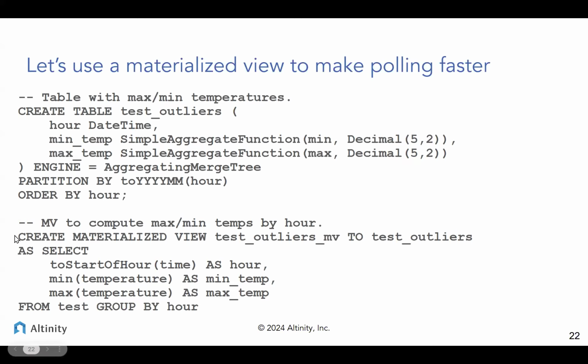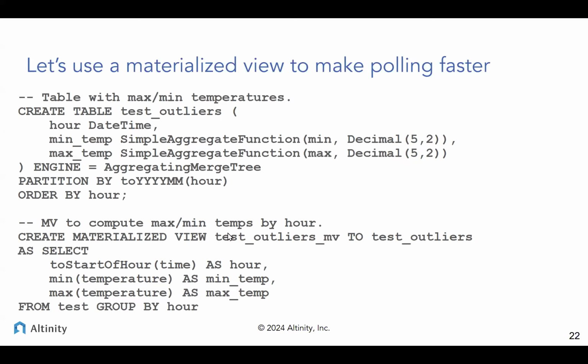And then the materialized view just operates on, let's see, here we go, a select from test. So whenever anything arrives in test, we're going to run this query and we're going to put the results into test outliers. So this is pretty simple, and it's still supporting polling, but it speeds things up.